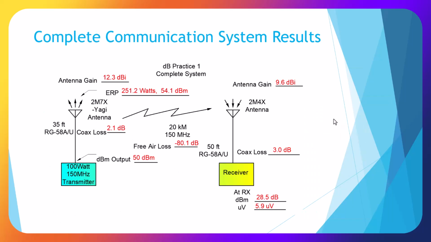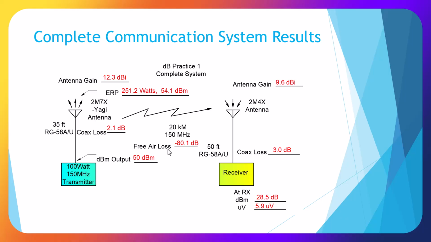Okay, here's a diagram of our complete communication system. So we're going to start off with 50 dBm from our first calculation. We're going to subtract 2.1 dB for coaxial loss. We have antenna gain of 12.3 dBi. Our ERP is 251.2 watts or 54.1 dBm.